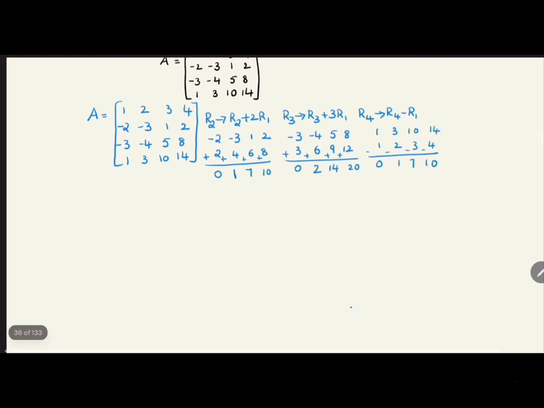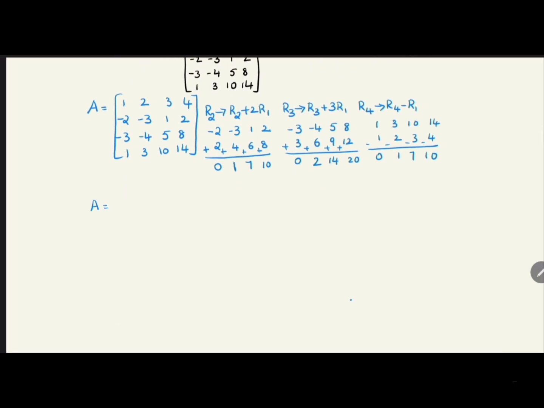Now I will replace all these rows. The first row remains the same, that is 1, 2, 3, 4. Okay, 0, 1, 7, 10, 0, 2, 14, 20, 0, 1, 7 and 10. Is that clear?